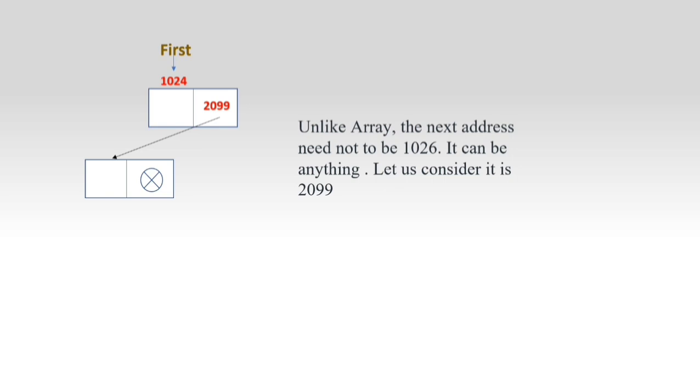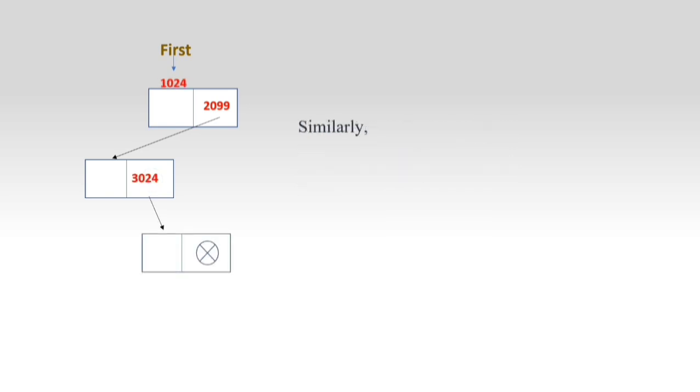It will be given some random addresses. When another node is inserted, it is like 3024, also not continuous. Like this, 12026. These addresses are not continuous and they are just connected through the pointers that are in the address part of the particular structure.